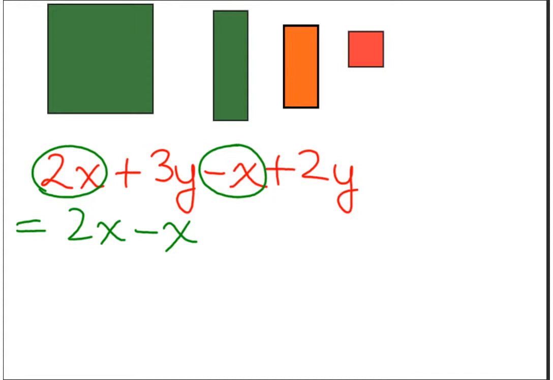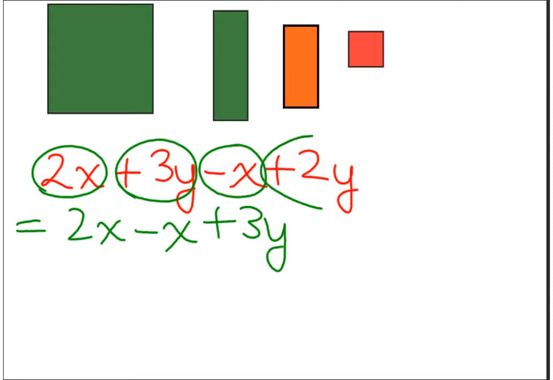Continuing on, well, there's no other like terms, so positive 3y comes next. And then finally, is there any like terms? Of course there is. Positive 2y goes with that. Well, remember that the answer was x plus 5y. Looking at pencil and paper, it appears the only thing that has to happen is that with the coefficients, you actually do just addition and subtraction.